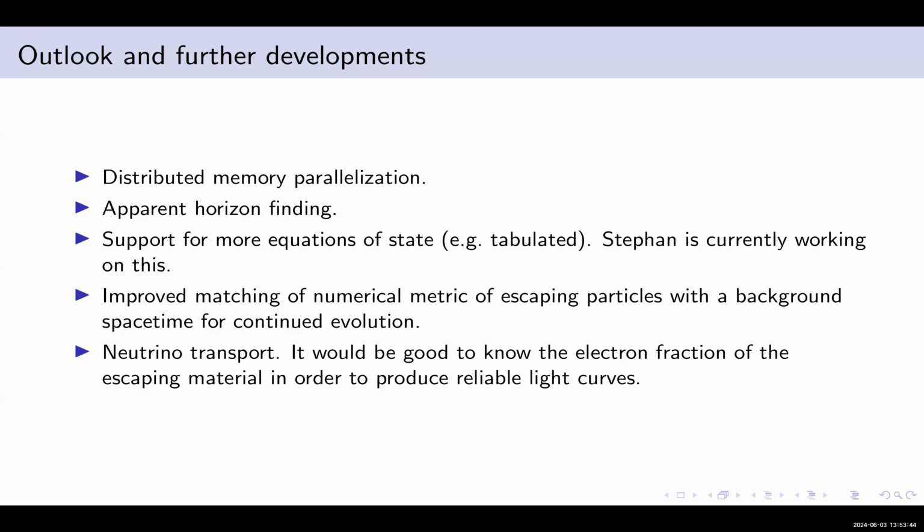Okay, so the question is, did the code crash when the black holes form? And the answer is no. As long as we add more refinement levels as the particles move in, then eventually they get far enough inside that it's safe to actually remove the particles.